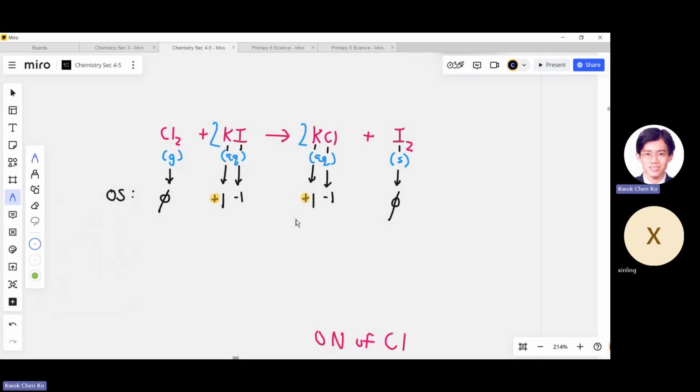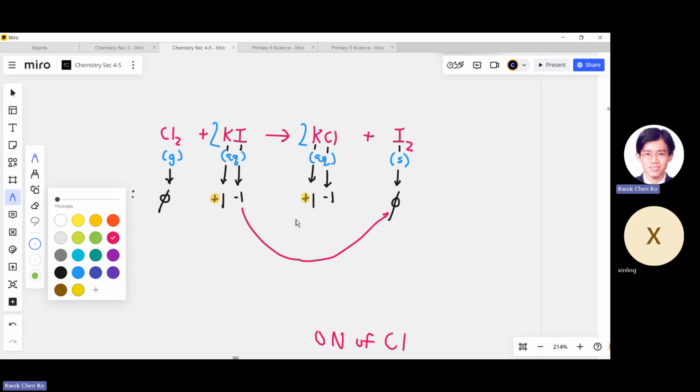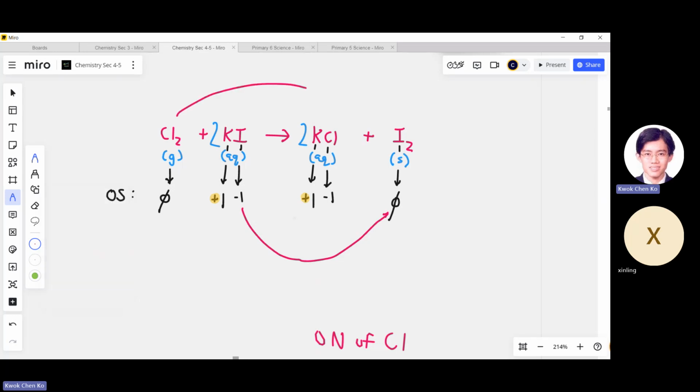Well, the simple answer is iodide pairs with iodine. And the same element pairs with itself. Right? Chlorine pairs with chloride. Now, look at chlorine.